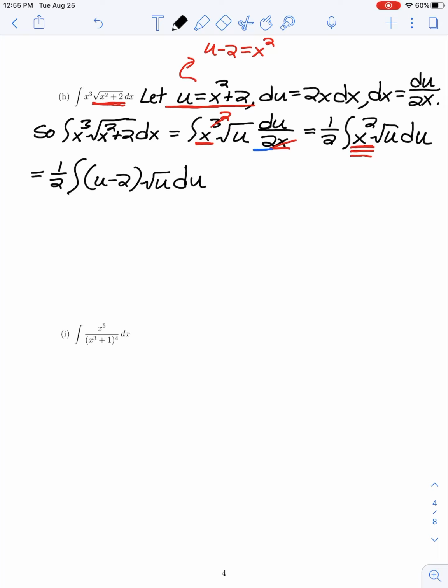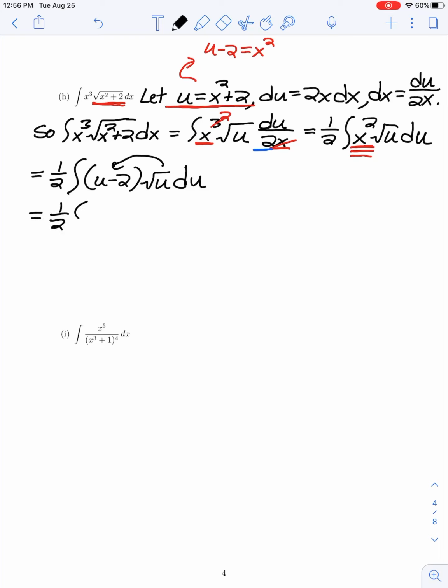Now we're almost ready to integrate this. We've got everything written in terms of just the variable u. But in order to integrate this, we've got a product of two functions. As of right now, we don't know how to integrate products in general. But what I could do is take this factor of square root of u and distribute it to each term in u minus 2. That is, expand this function.